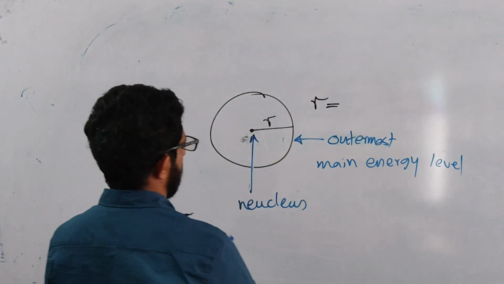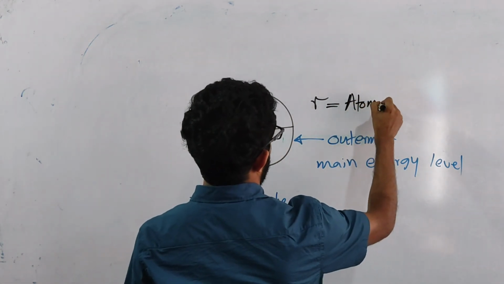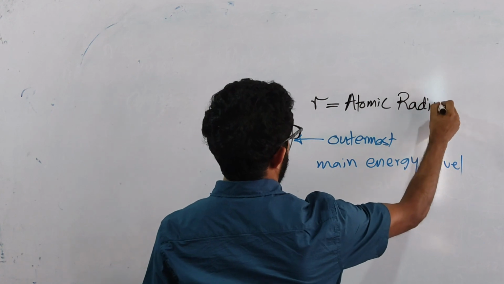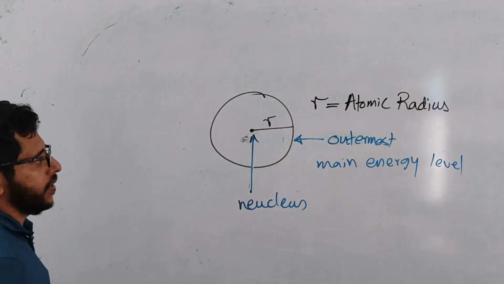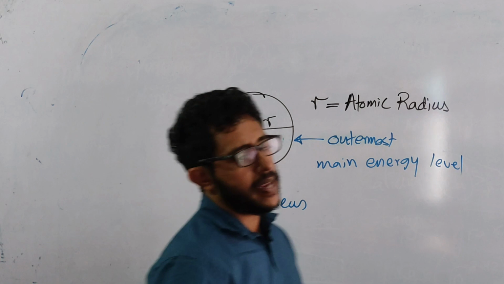R is atomic radius. So that's what we define as the atomic radius.